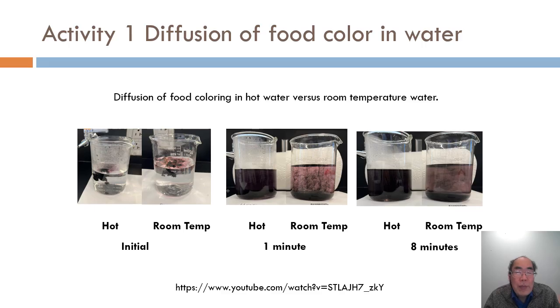And then pictured on the right is after 8 minutes. The food coloring in the beaker of hot water is completely dissolved, diffused, and the room temperature water, it's still diffusing. You can see more of the food coloring has dissolved than at the 1 minute time interval, but still it's not as diffused as the hot water beaker.